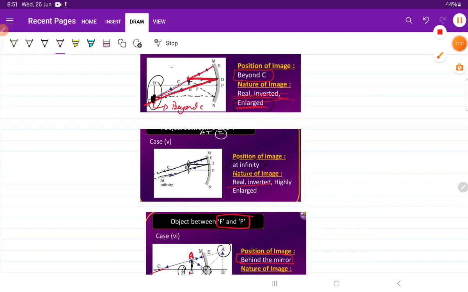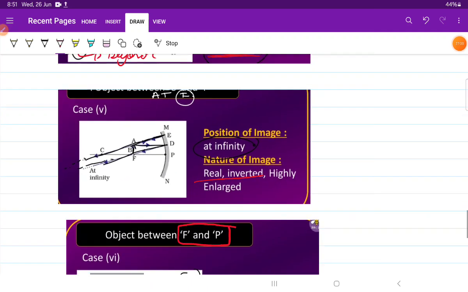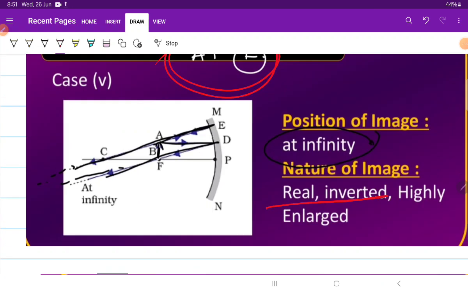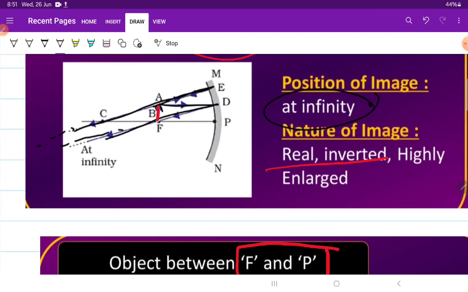Now let's do the fifth case. In the fifth case, we are putting our object at F. So let's put it. The first ray is always parallel to the principal axis and passes through the focus. Now the second ray will come from the center of curvature and go through the center of curvature.